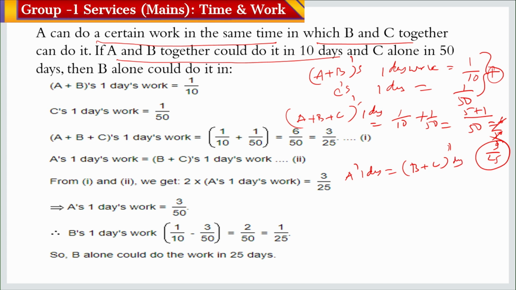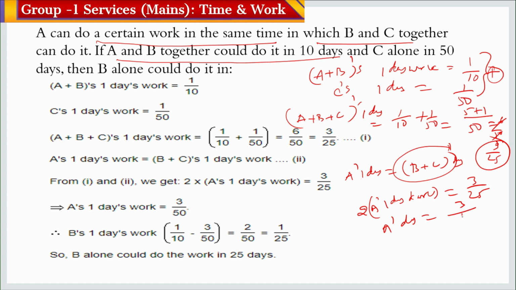So, then in place of B plus C, you can say A, means A plus A, 2A, means 2 times A's 1 day work is equal to 3/25.